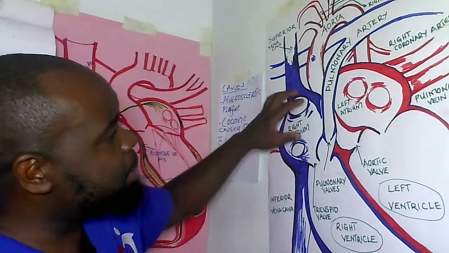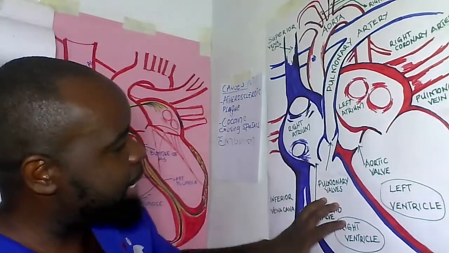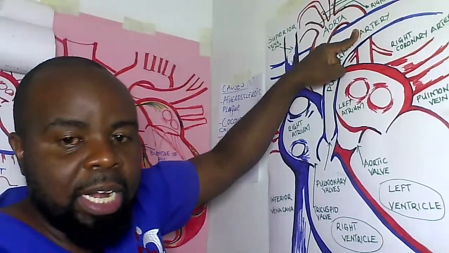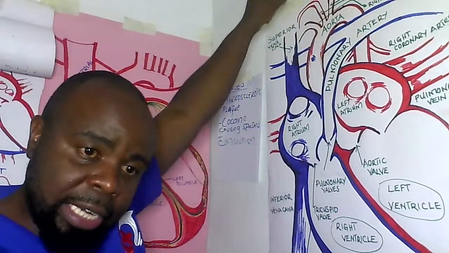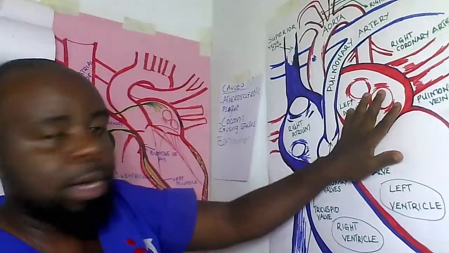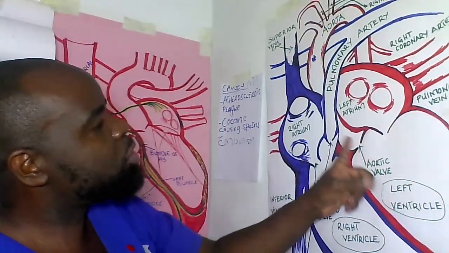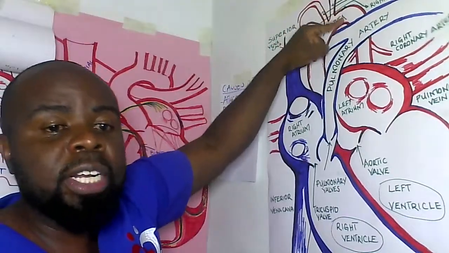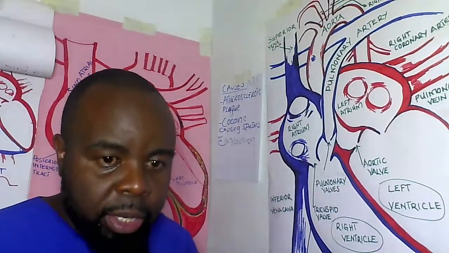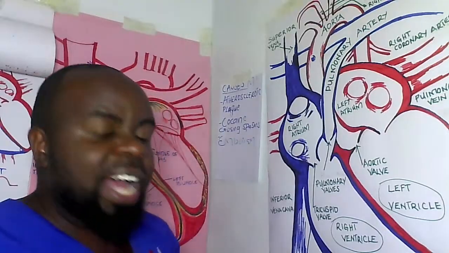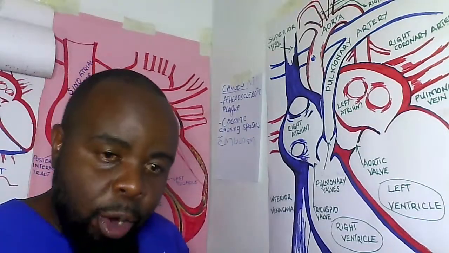Instead of blood coming from here to here, then going to the pulmonary artery, from the pulmonary artery to the lungs, then coming back, oxygen here, here to the left ventricle, then goes to the outer, and then the outer takes blood to the body. This is different.